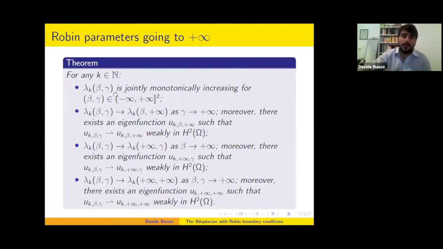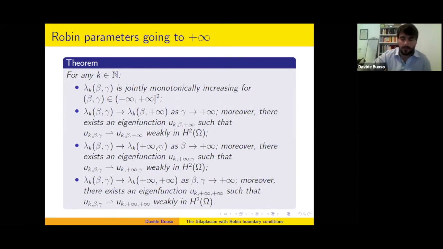Now, these statements are valid for beta and gamma in R union plus infinity, meaning that if you set right from the start beta equal plus infinity, you're starting with the Cutrer-Sigillito problem, and you're sending gamma to plus infinity, meaning that you recover the Dirichlet problem at the limit. And similarly, here you do the reverse. If you set gamma equal to plus infinity, you have the Navier-Robin problem, and you get convergence to the Dirichlet problem.